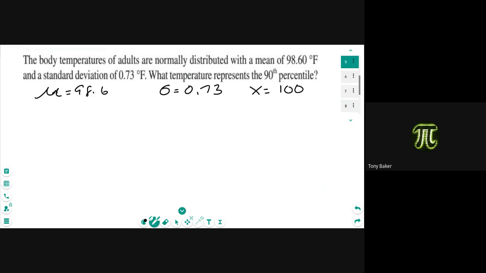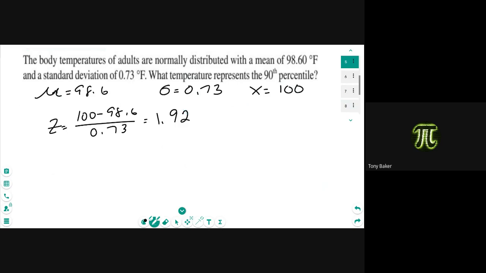I know the answer is not 1.9. That might be the z-score, but that's not the answer. If the z-score is 1.9178, do you want us to round?